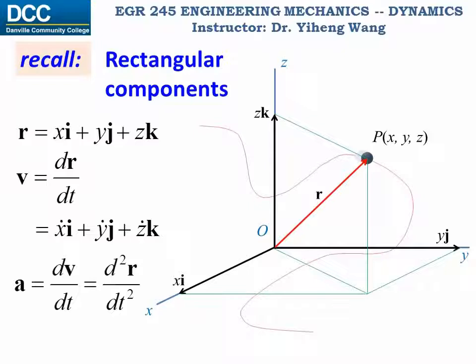And its acceleration is the derivative of velocity with respect to time, or the second derivative of position with respect to time, and it equals x double dot i plus y double dot j plus z double dot k. Once again, x, y, z double dots represent the second derivatives with respect to time of x, y, and z.